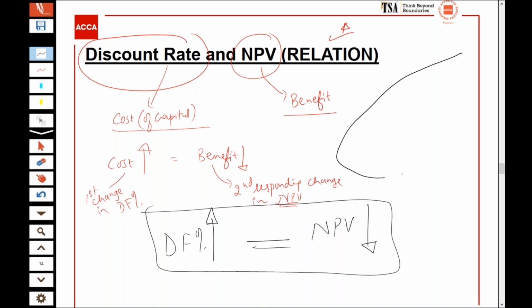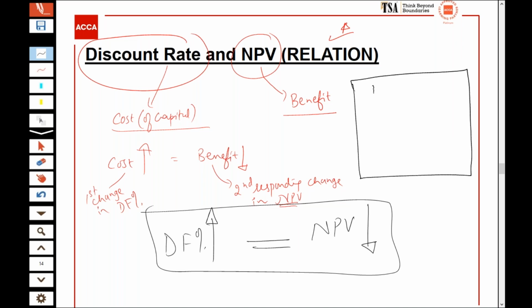So here I'm writing something. For maximum positive NPV, the discount factor should be low. So there is an inverse relation between cost of capital, the discount factor and the net present value.